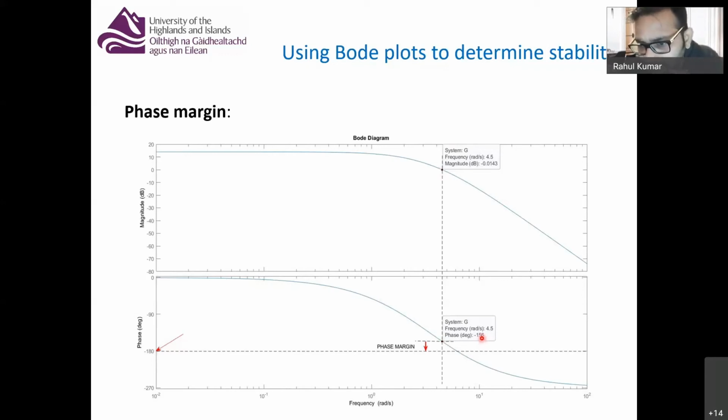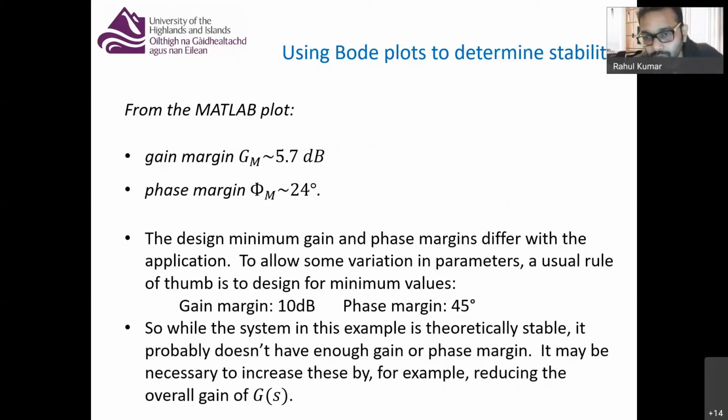So if I subtract 180 from here, I will get 24 degrees as my phase margin, which is a bit different from what I got from my hand drawn Bode plot, right, which was expected, I would say. So overall, from the MATLAB plot, I got a gain margin of 5.7 dB and a phase margin of 24 degrees.